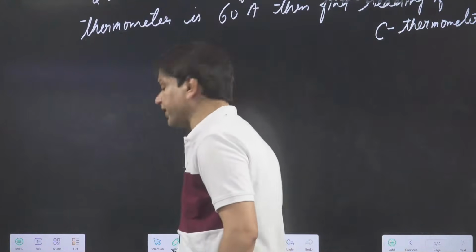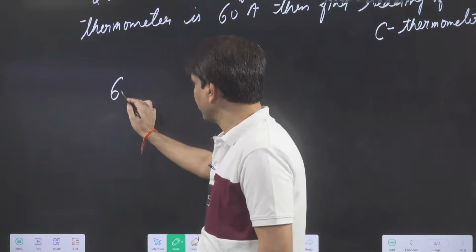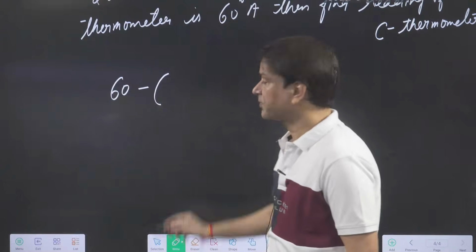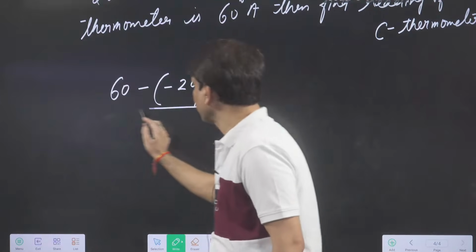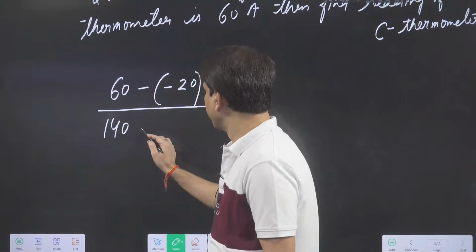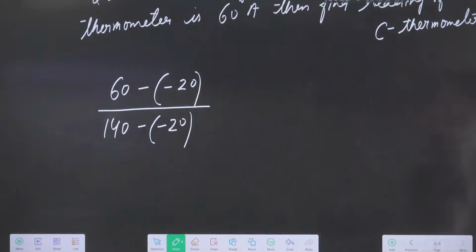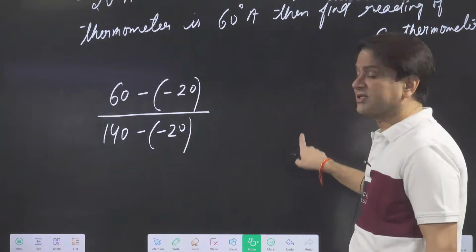Okay. So for A, what is our reading given? 60. Okay. Minus LFP of A. What is LFP of A? Minus 20. Are everybody getting? Upon UFP minus LFP. What is the UFP? 140. Minus what is LFP? Minus 20. This everybody got or not? This is the TSI of A for the temperature 60.